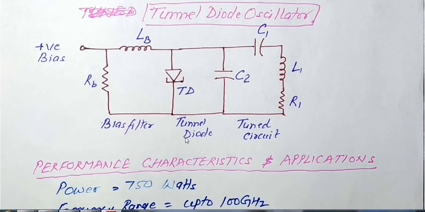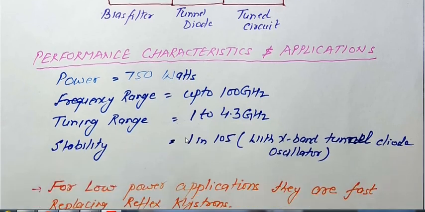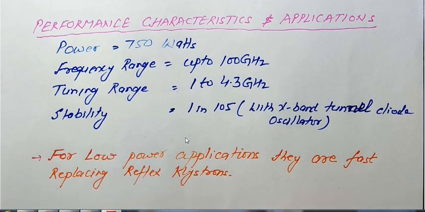Now let us consider the performance characteristics and the applications. For this particular tunnel diode, the power is almost 750 watt. We can have a frequency range up to 100 gigahertz. Tuning range equals 1 to 4.3 gigahertz, and the stability factor is 1 in 10^5 with an X-band tunnel diode oscillator.